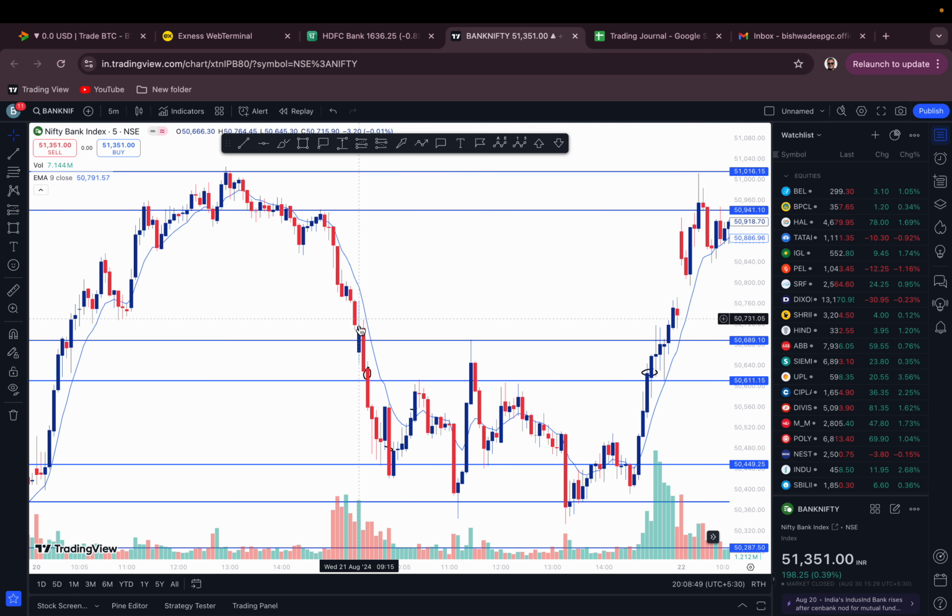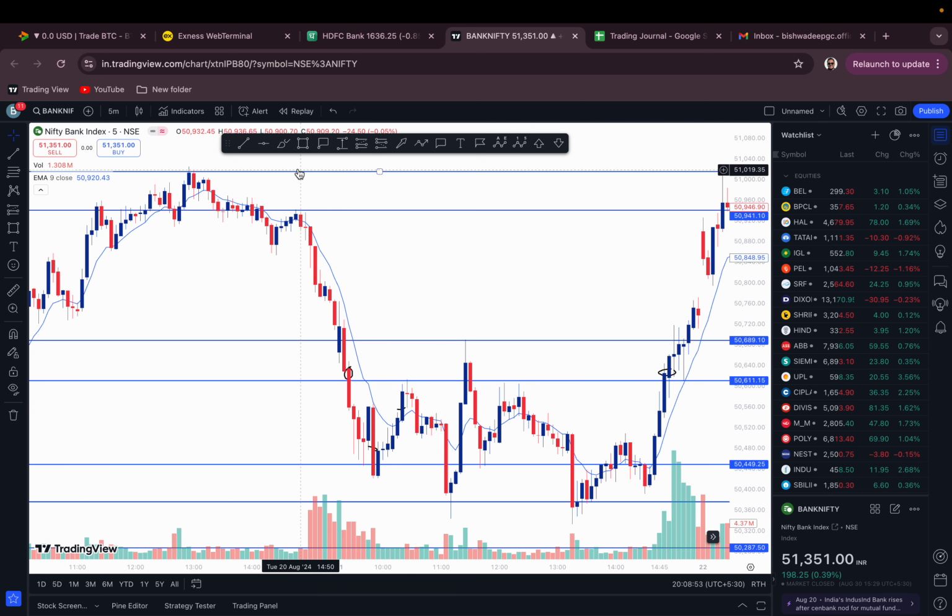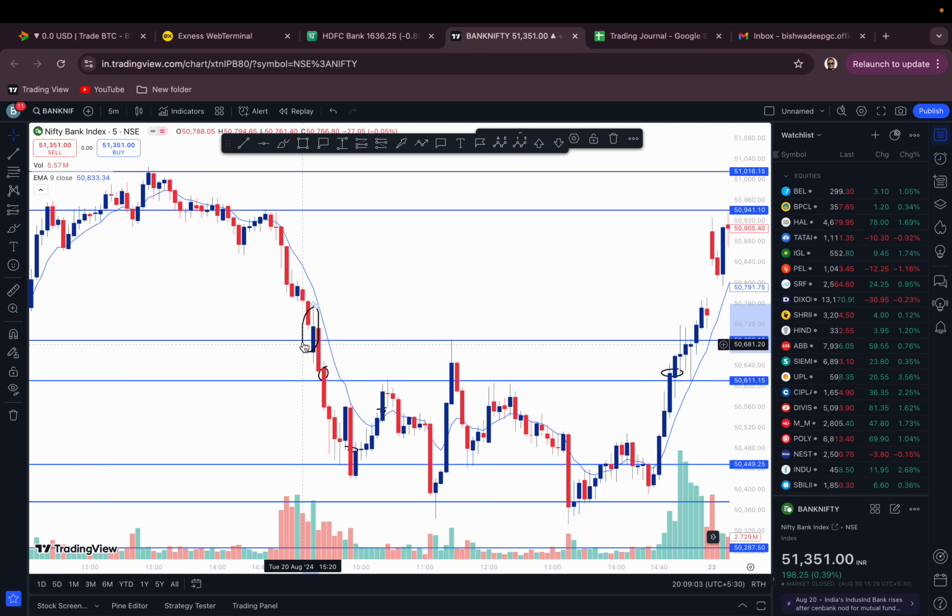The market opened here. There is a bullish candle, but let me delete this and let me show you more.